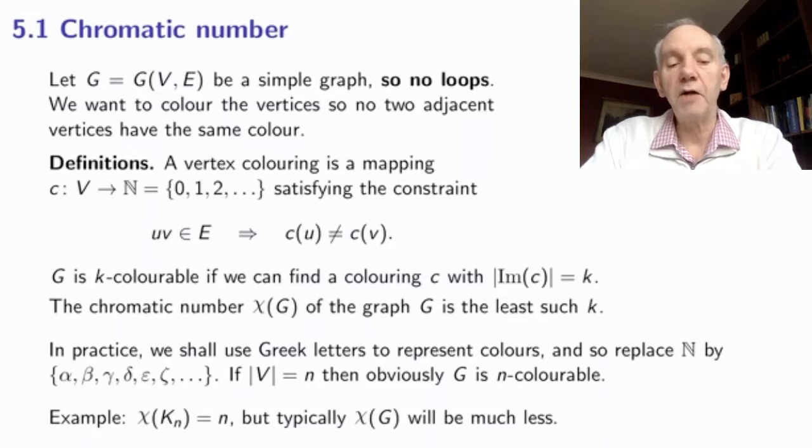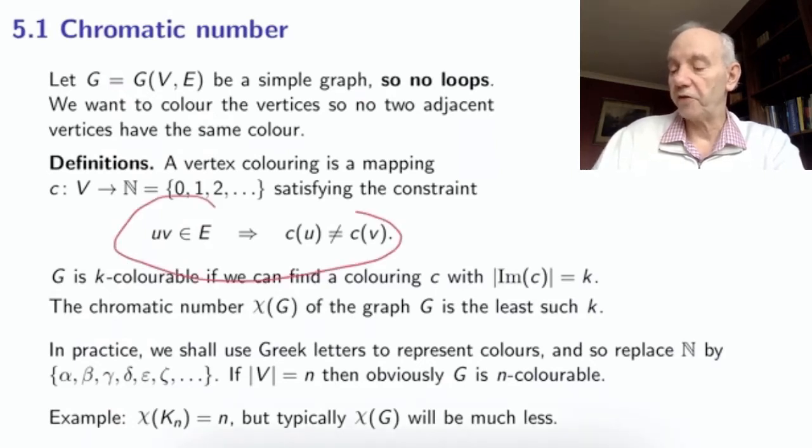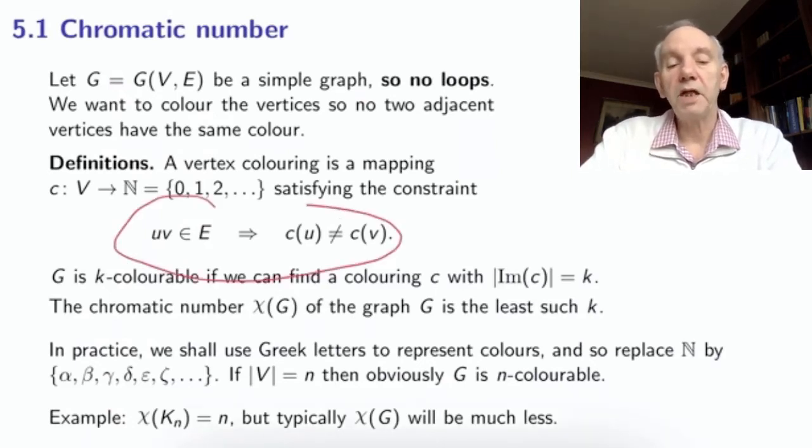Because if it had a lower chromatic number, that means that at least two vertices would have the same colour. But any two vertices are joined by an edge, so that's a contradiction. It would contradict our constraint. We wouldn't be able to satisfy this condition. So the chromatic number of the complete graph on n vertices is n.